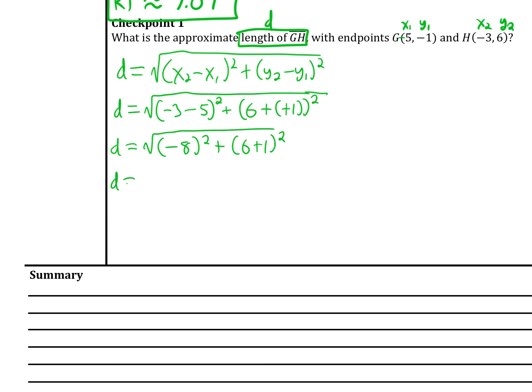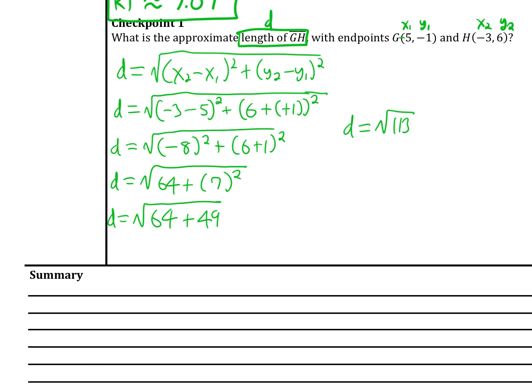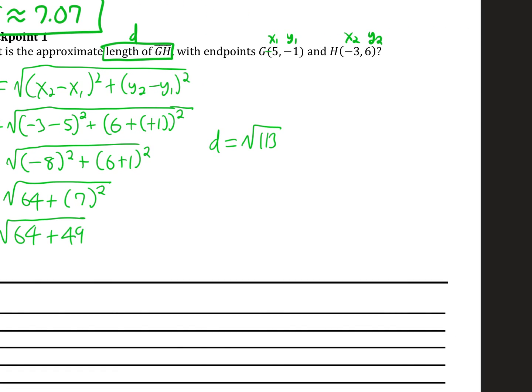All right, so we got D equals square root of -8 squared, which is 64, plus 7 squared, which is 49. So we got distance equals square root of 113. And you can't simplify that, I don't believe, because I think it's a prime number. And then approximately 10.6 when you plug it into your calculator.